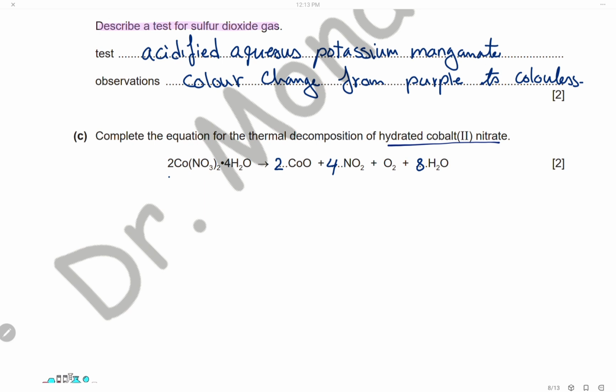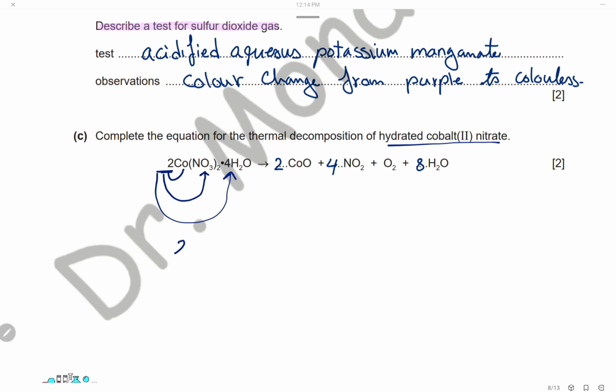One important thing that I want you to know is that this 2 in front of cobalt nitrate is multiplied by the whole molecule. That means we have 2 cobalt, 2 times 2, that means we have 4 nitrates, and 2 times 4, that means we have 8 water molecules.